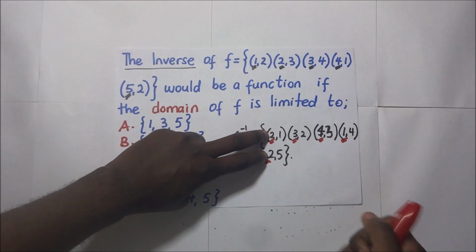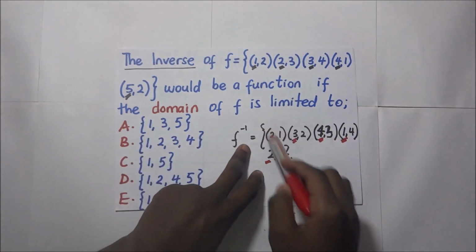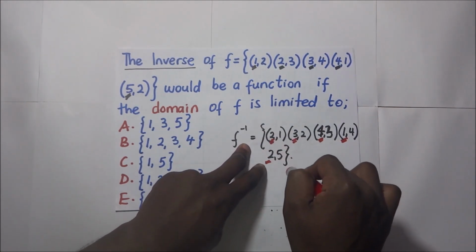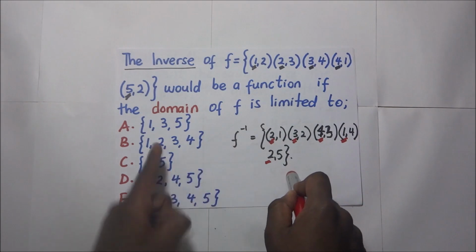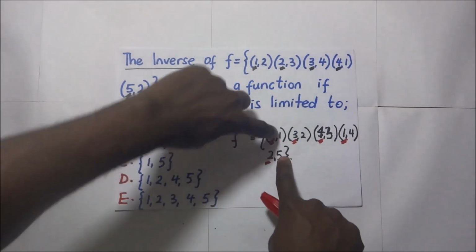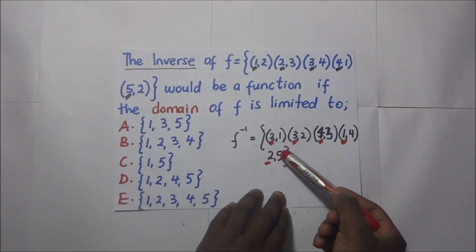So if we are to make this a function, we have to eliminate one of these, because the major characteristic of a function is that one input corresponds to one exact output, not one input having two different outputs. So we can either eliminate this or that.